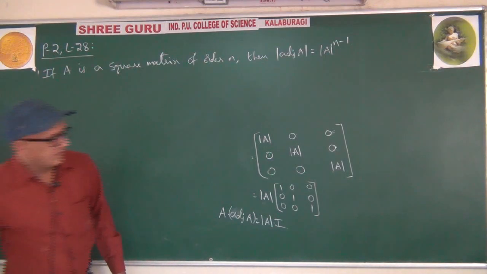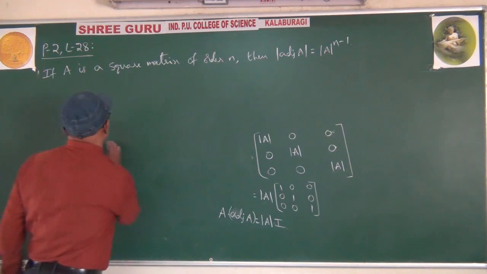Okay? Delta A power n minus 1. Let it be like this.